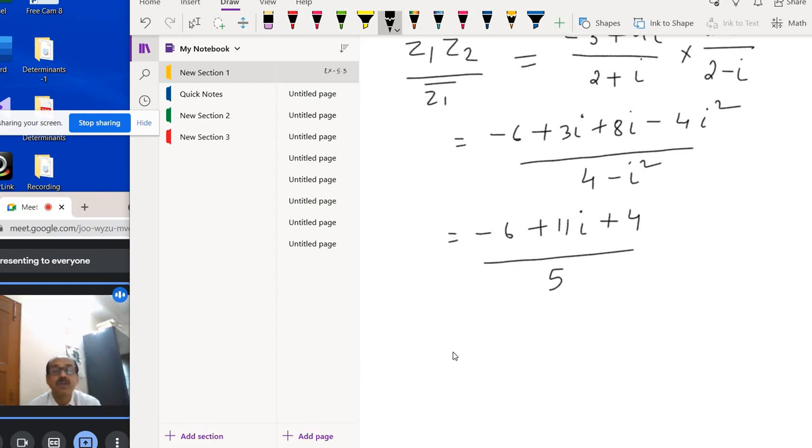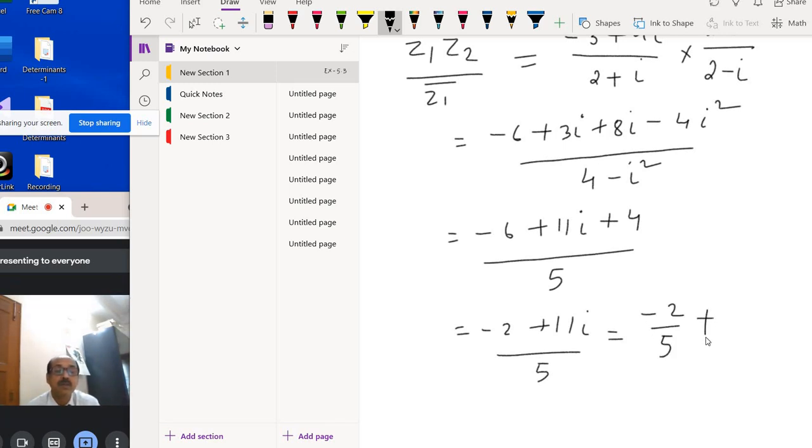And this equal to minus 6 plus 4, minus 2 plus 11i divided by 5. You can write minus 2 by 5 plus imaginary part 11 by 5 i.